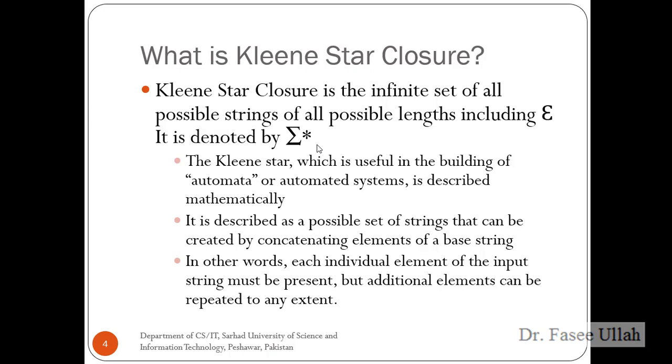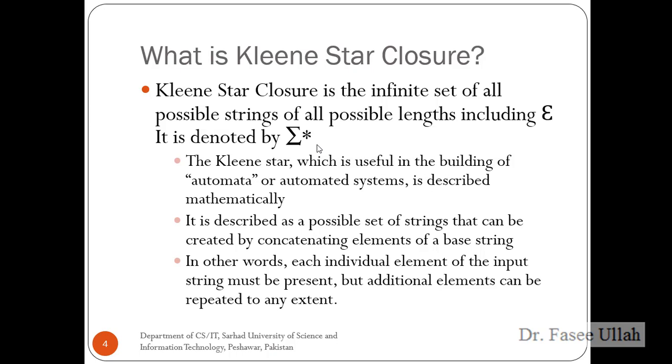It also contains a set of strings that can be created by concatenating elements of the base string. What is concatenating? For example, we have a set of a and b. Whenever we combine a and b, this is called concatenation. Whenever we make a possible set of strings, this is called concatenation.